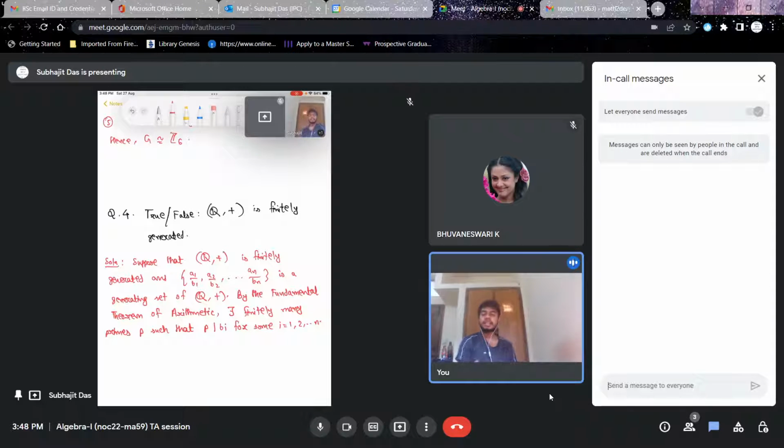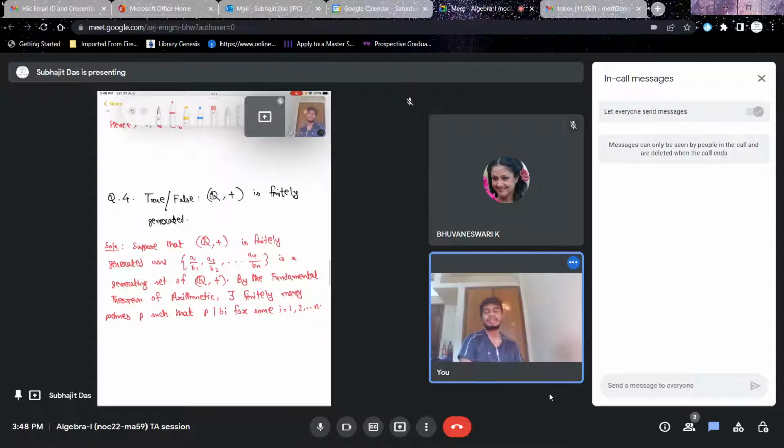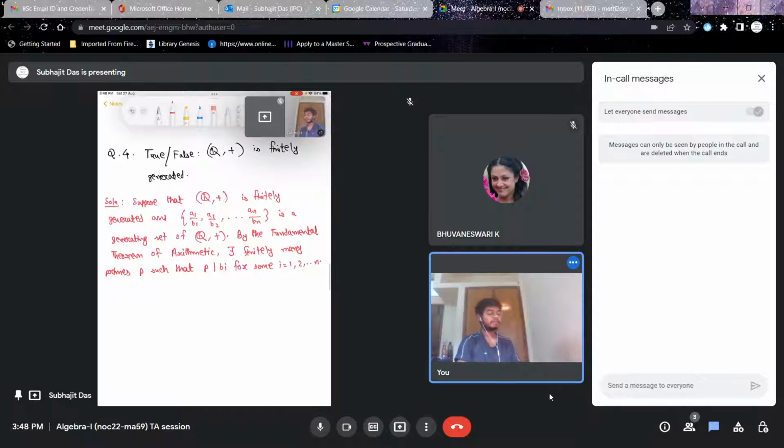Basically, you are taking factorizations of the denominators B1, B2, B3, B4 and so on, and B1 has finitely many prime factors, B2 has finitely many prime factors, up to Bn. So if we collect all these factors together, there are only finitely many primes dividing some denominator Bi.